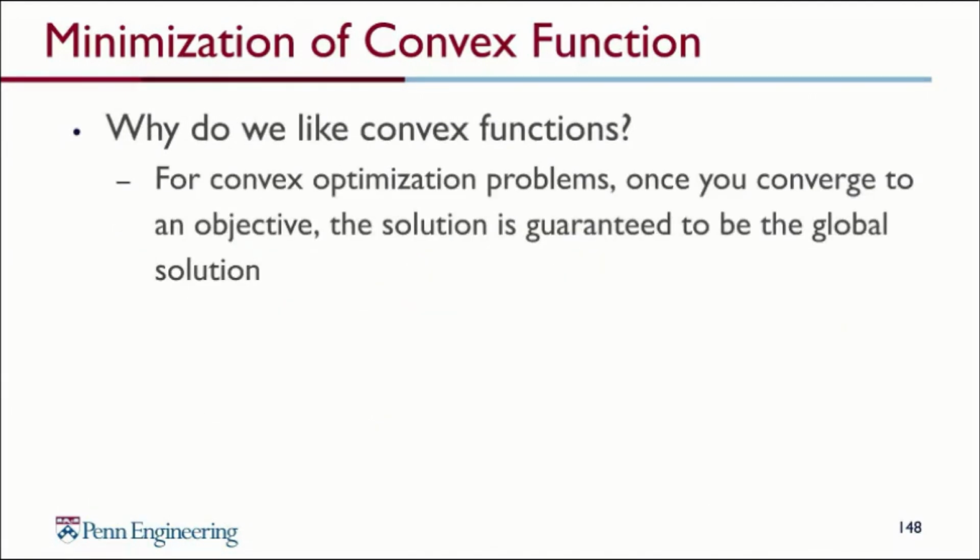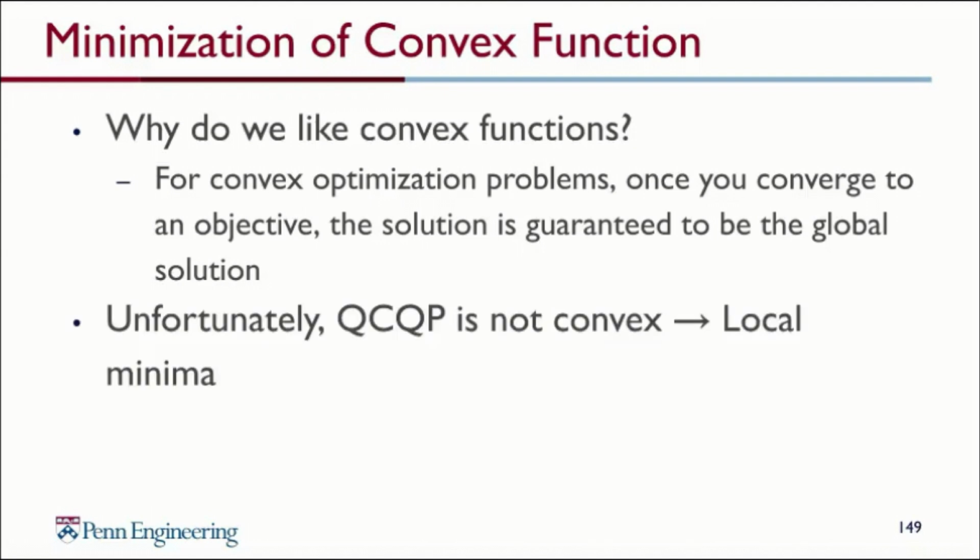Now, the reason why we like to use convex functions and formulate a convex optimization problem is that for convex optimization problems, once you converge to an objective, the solution is guaranteed to be the global solution. Now, unfortunately, a quadratically constrained quadratic program is not convex in the general sense. So there are specific cases where it is convex, but generally they are not. And in this case, and especially for our problem, it's not a convex problem.